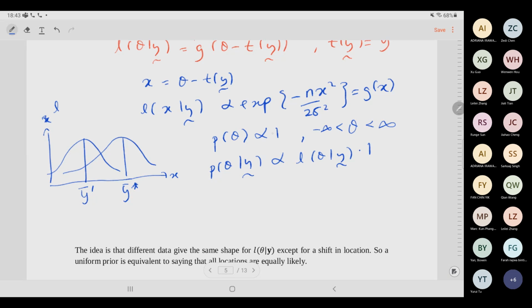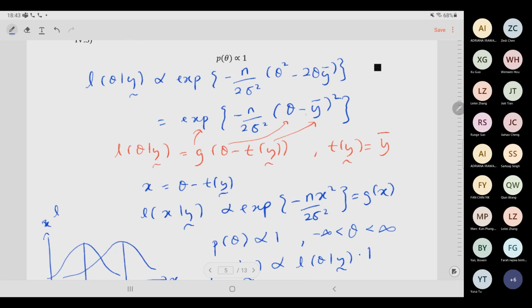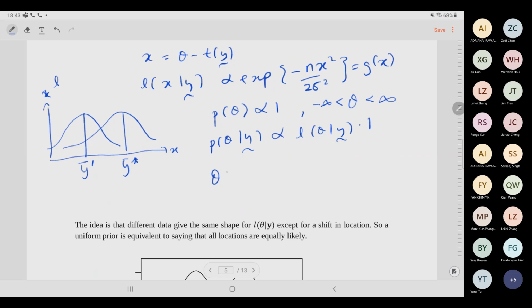If you look at the kernel of the likelihood here, this is a normal kernel for theta, with mean y bar and variance sigma square over n. So the posterior is normal with mean y bar and variance sigma square over n.